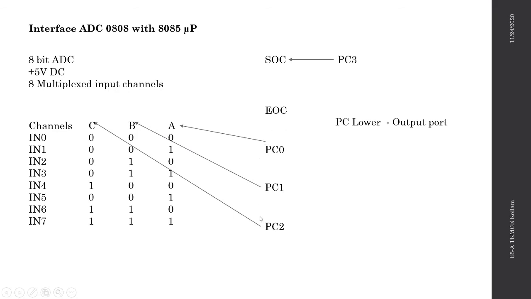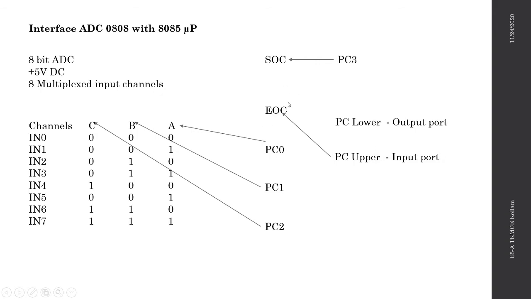So when we consider PC lower, that is PC0 to PC3, all these pins are used for giving signals to the ADC. PC0 to PC2 give the signal for selecting the channel and PC3 is used for giving the SOC signal. So PC lower should be an output port in this case.